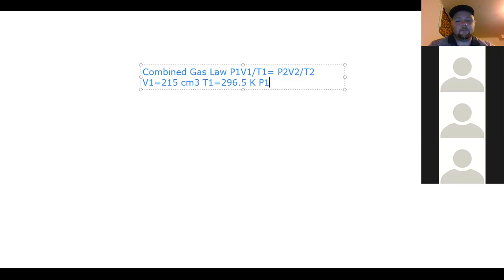Our pressure is 84.6 kPa. At standard temperature and pressure, our temperature will be 273 Kelvin, and our pressure will be 1 atmosphere, which converted is 101 kPa.